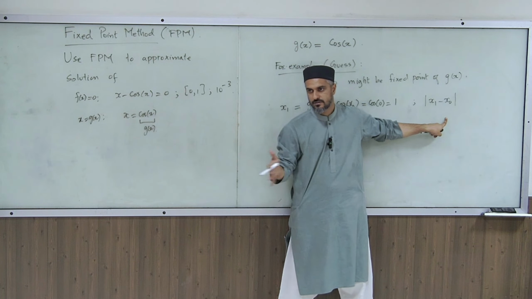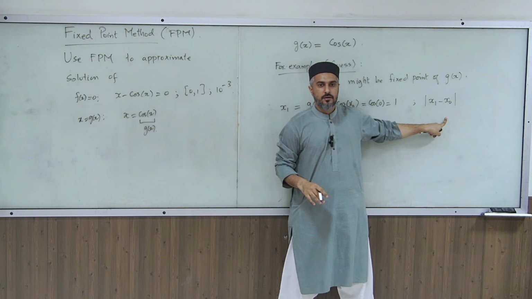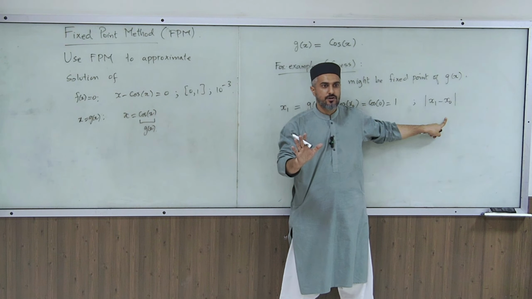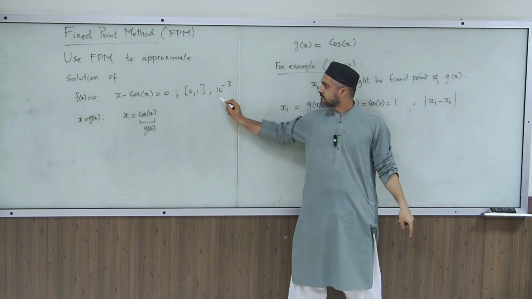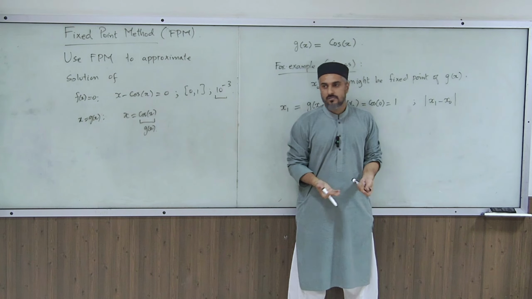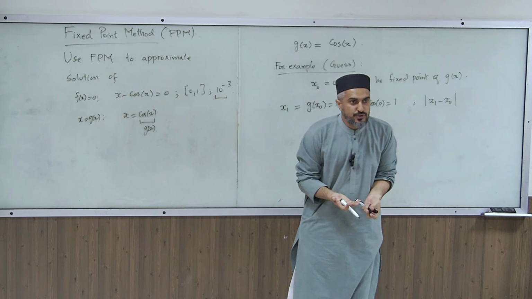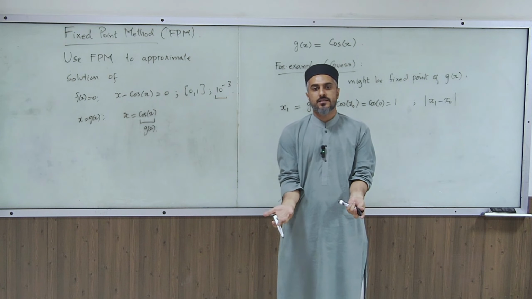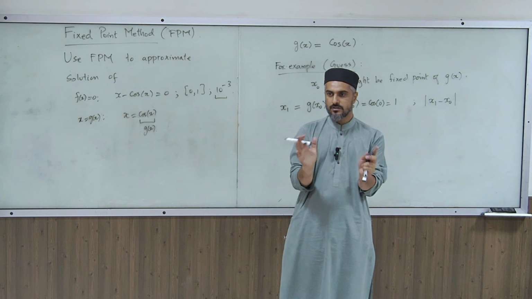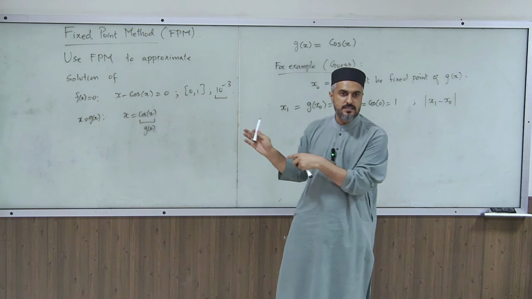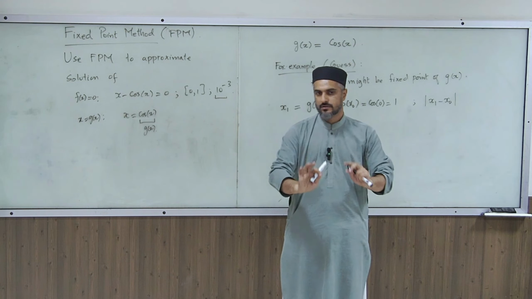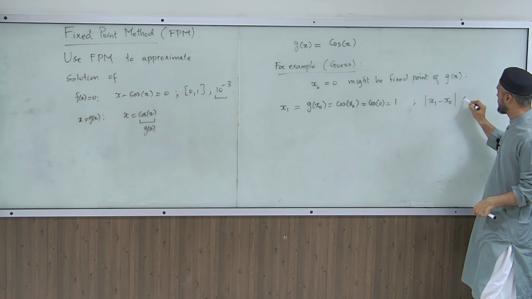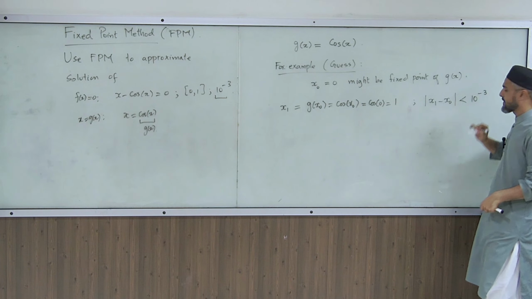This is a deviation of the output from the input. And the acceptable range of the deviation is what? The accuracy. I wanted a solution up to 10 raised to the power minus 3. So I want a fixed point up to that accuracy. If a number matches another number up to these decimal places, that will be okay for me. So I want this number to be less than 10 raised to the power minus 3.